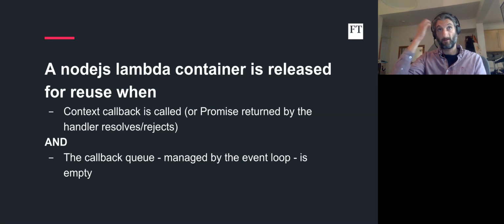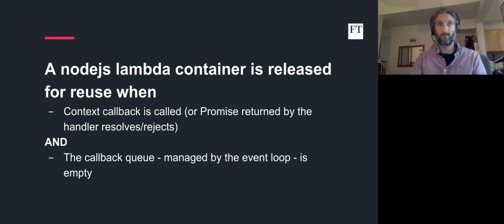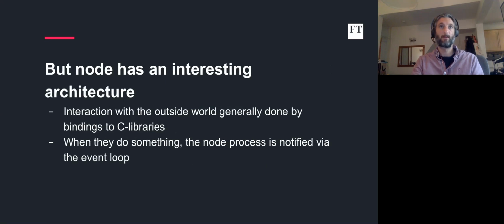So some things about the Lambda lifecycle. The container that it's running in is released for reuse when two things are true. First, when the callback is called, so basically your handler has finished running. And secondly, that there's nothing left on the callback queue. So there's two reasonably familiar concepts.